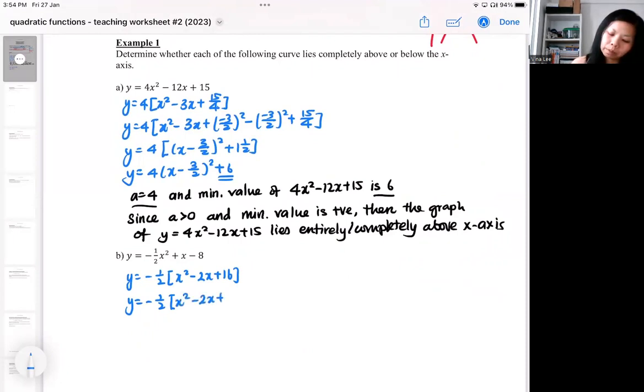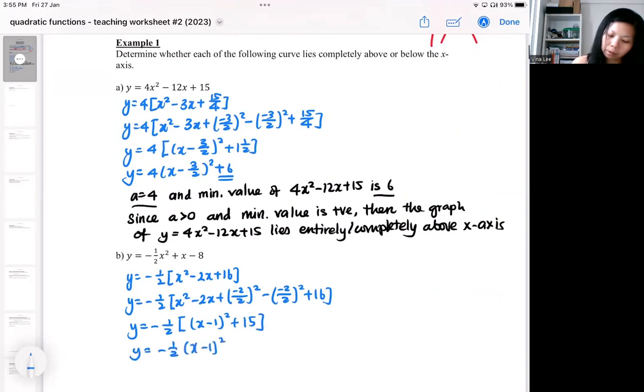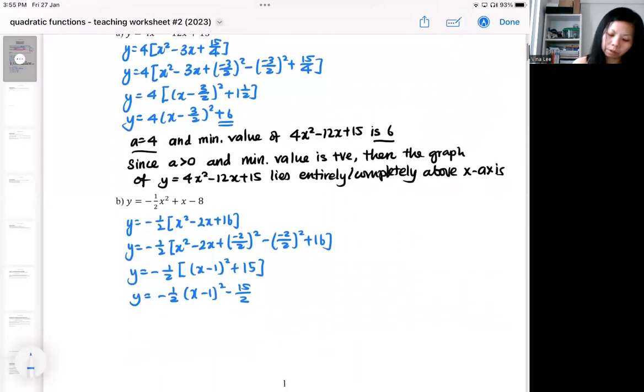So do the complete square. You should be very precise with your complete square by now. After the complete square, let's talk about the condition.